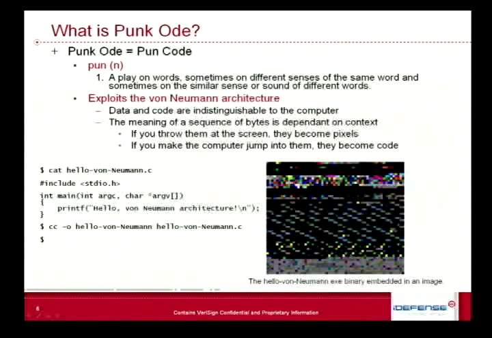If you throw it at the screen, it becomes dots of colors. If you tell the computer to execute it, it becomes instructions to execute. The picture on the right is an image generated from an executable file. Basically, I just put an image file header on it and told it to display it. The code for that's on the left.